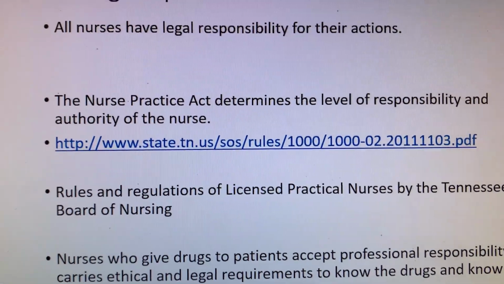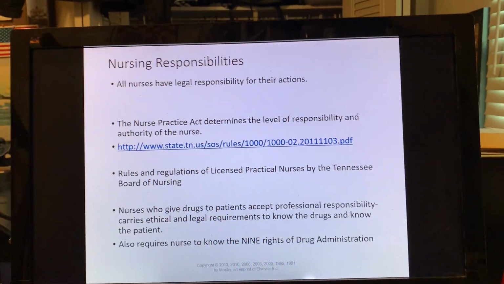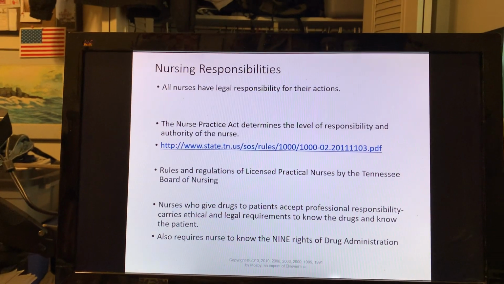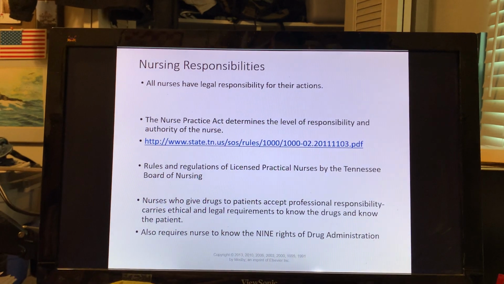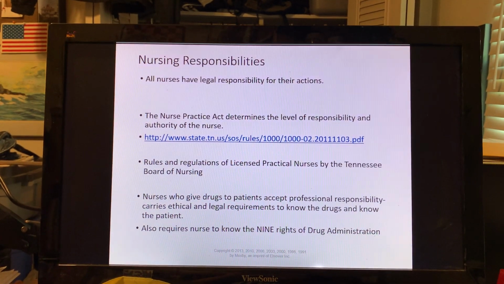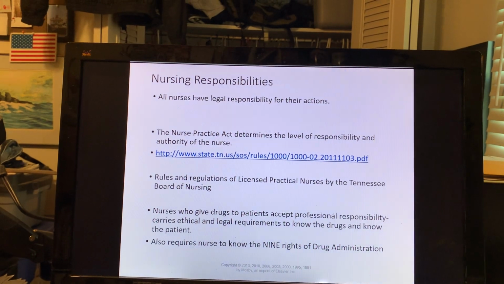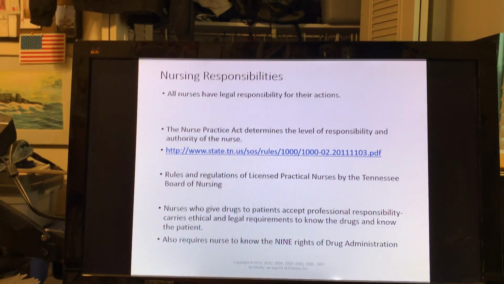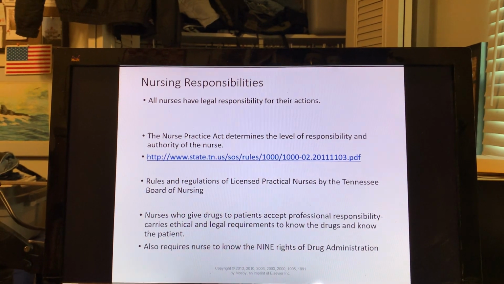And you can't be the original one to hang blood, but once the blood is hung and verified by RNs, then you can monitor it and go in and do the vitals every half hour. So it's just important to understand what you can and cannot do according to your Nurse Practice Act.